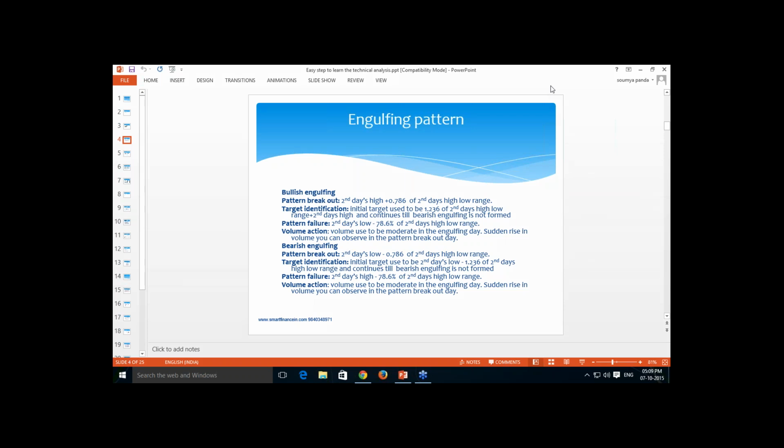However, pattern breakout is the core of candlestick patterns. Any candlestick pattern you learn, you must ask yourself when the pattern is going to give me a breakout, and when this pattern is going to give me a failure. These two things are highly essential.